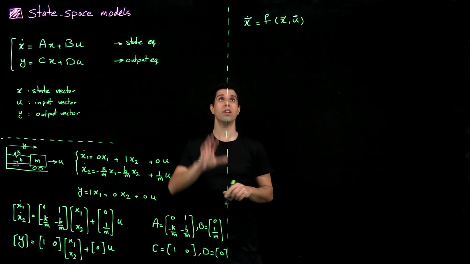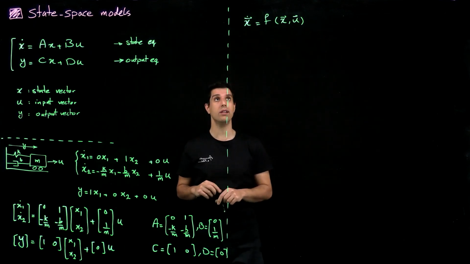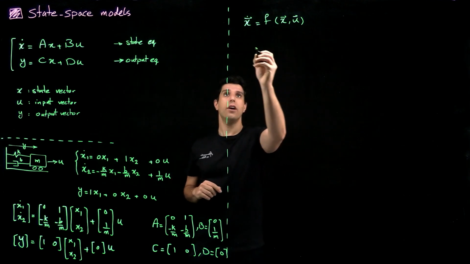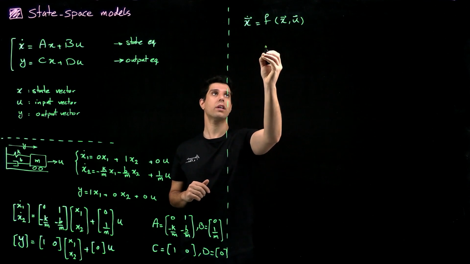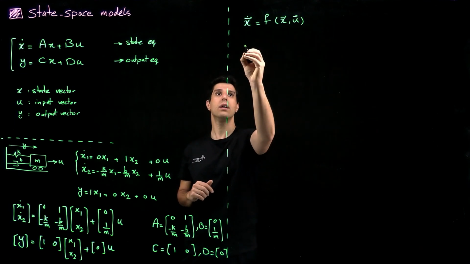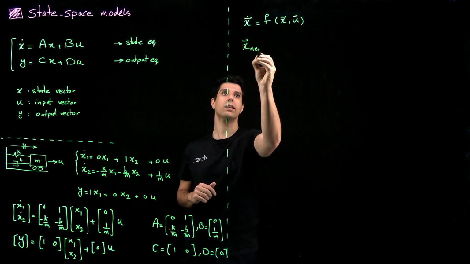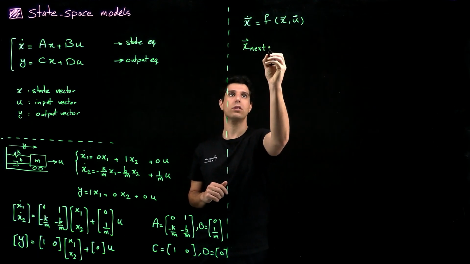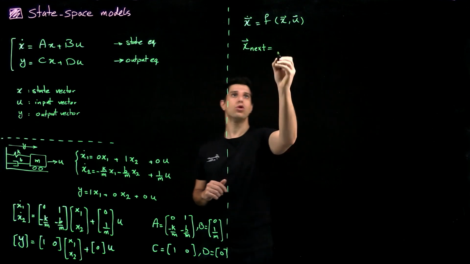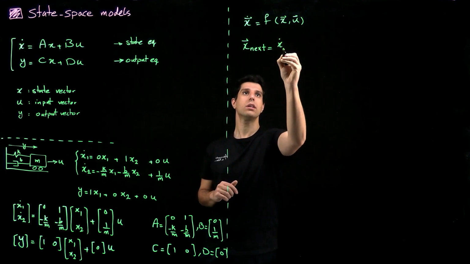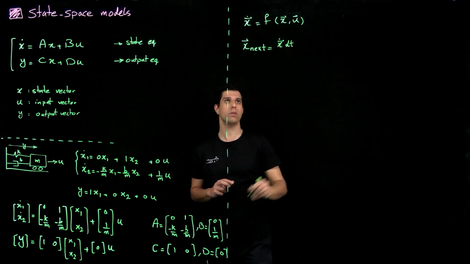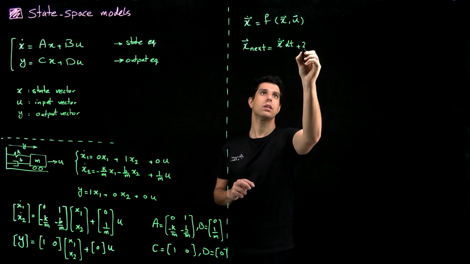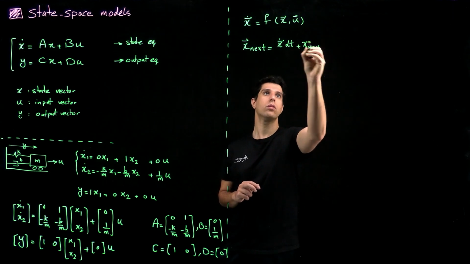So even if it's in its most general case, if I know current x and if I know current u, I can calculate x dot and solve that numerically. So x of next, with an approximation, could be my x dot times my small time step plus x of now.